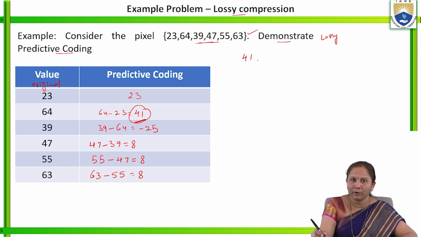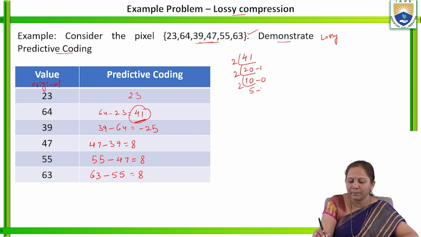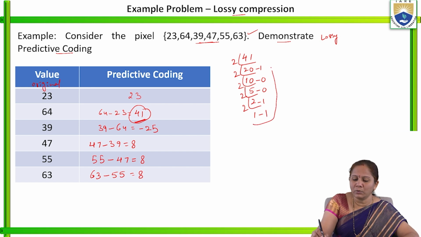Let us see how many bits are required to represent this 41. So 41 is 1, 2 tens, 0, 2 fives, 0, 2 twos, 1, 2 ones, and this is 1. So if you count the number of bits, 1, 2, 3, 4, 5, 6.